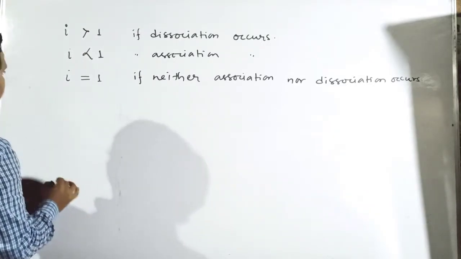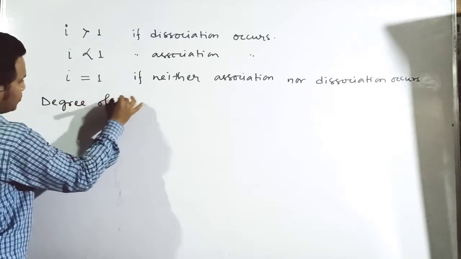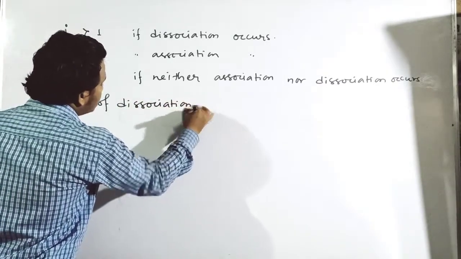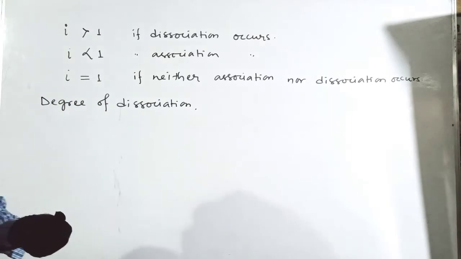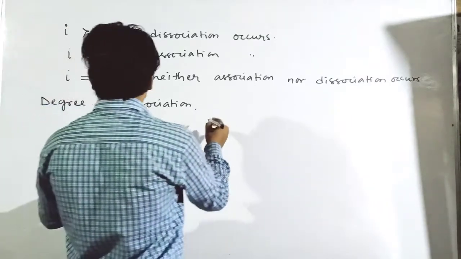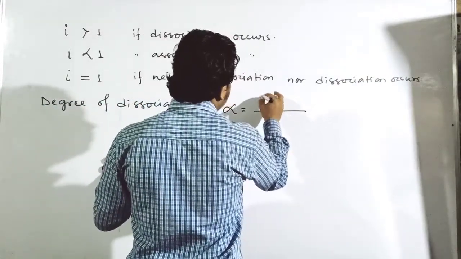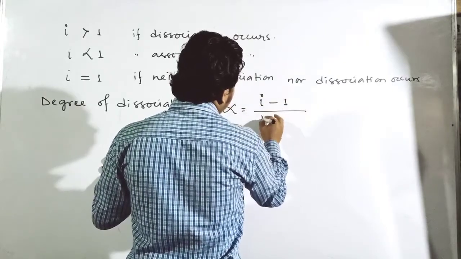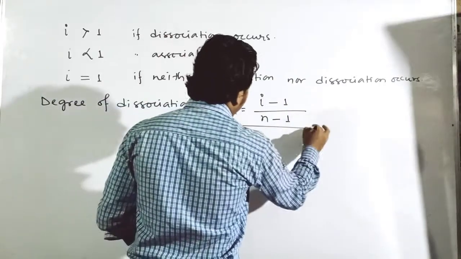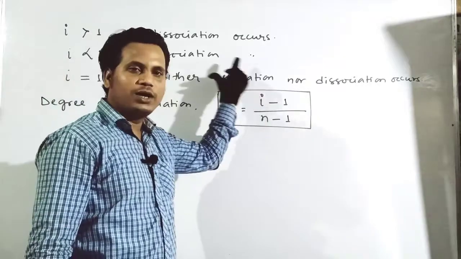Okay. First formula, degree of dissociation, how much it is dissociated. If 100% complete, then it will be 100%. So the degree of dissociation formula is alpha is equal to I minus 1 by n minus 1. I we know, the van't Hoff factor.